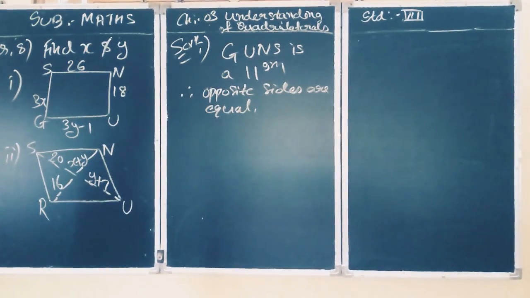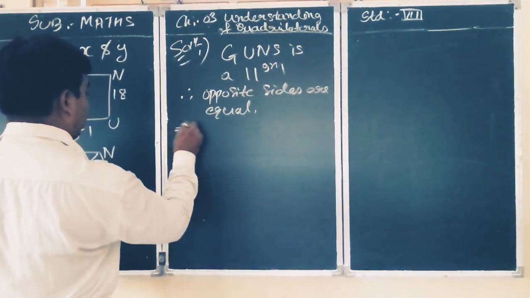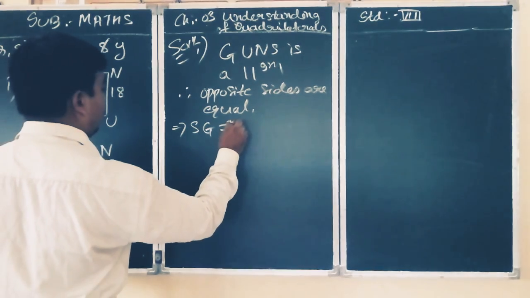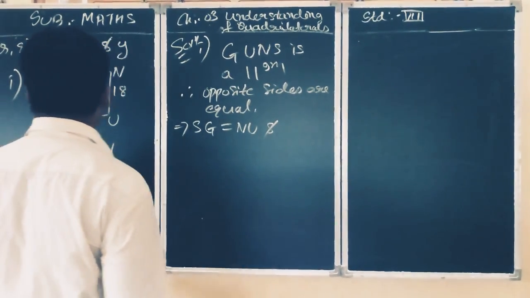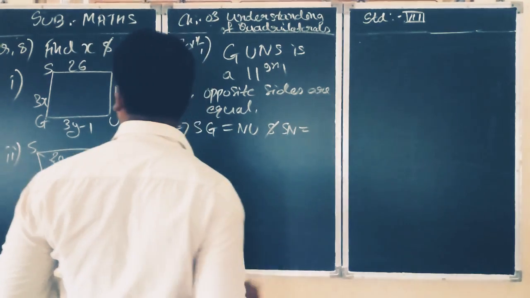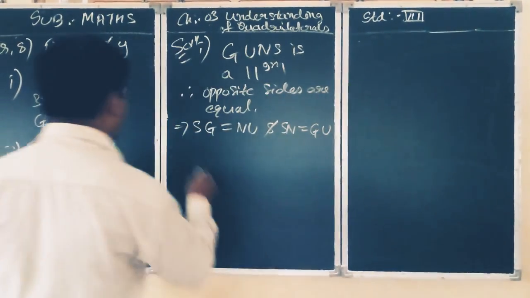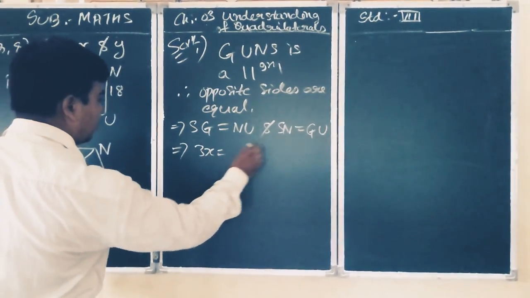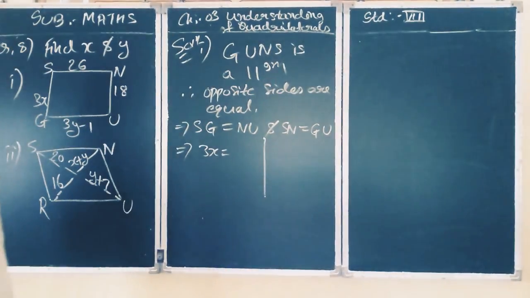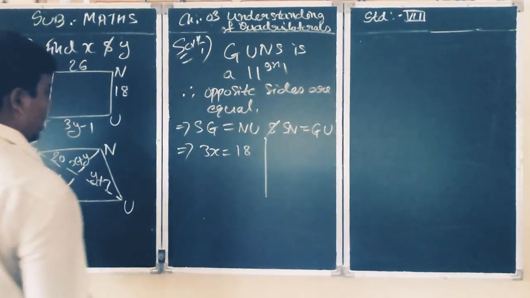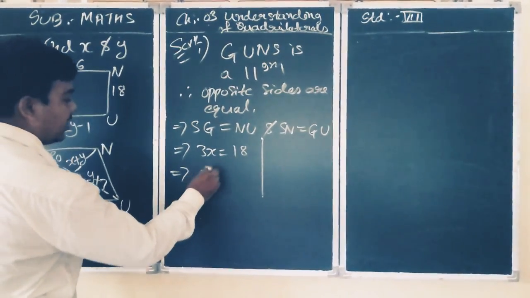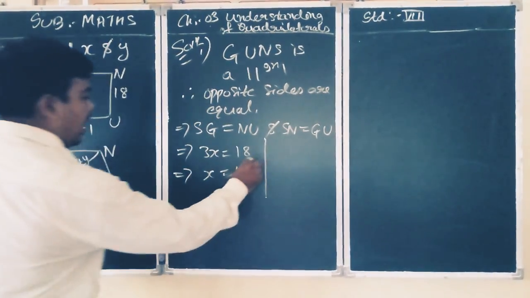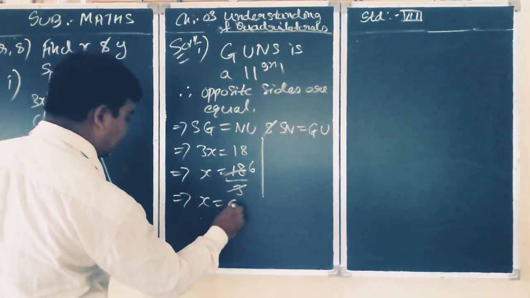So we find x and y. Side 3x equals 18, so x equals 18 divided by 3, and the value of x is 6.